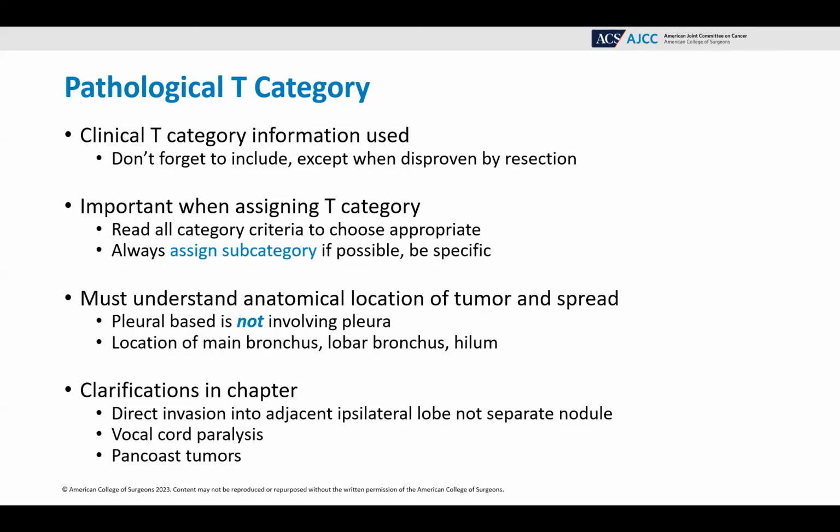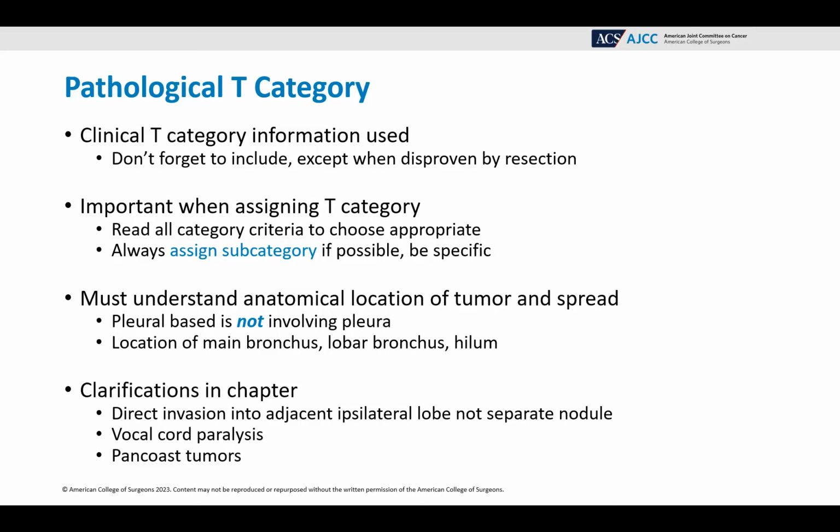Pathological T category. Remember that the clinical T category information has to be used. You have to include this when you're assigning the pathological T category, except of course when it's been disproven by the resection. And it's important when assigning the T category to read all of the category criteria to choose the appropriate one, and always assign the subcategory if possible.